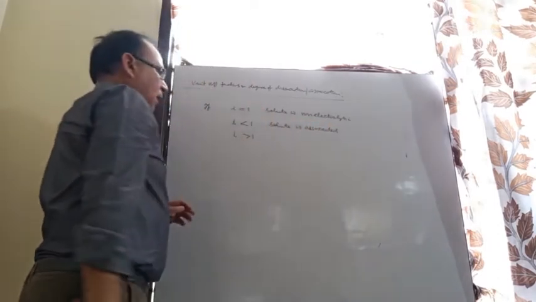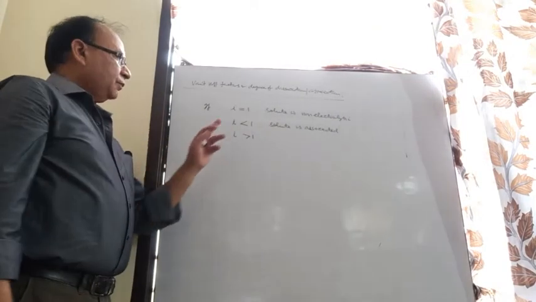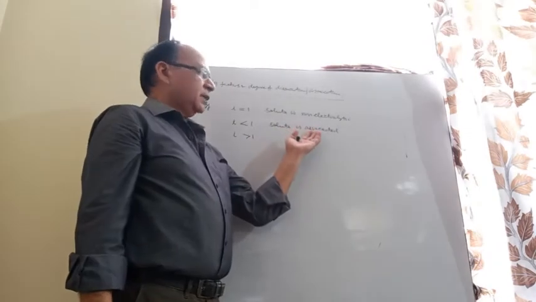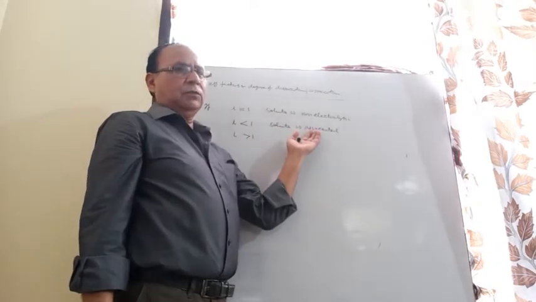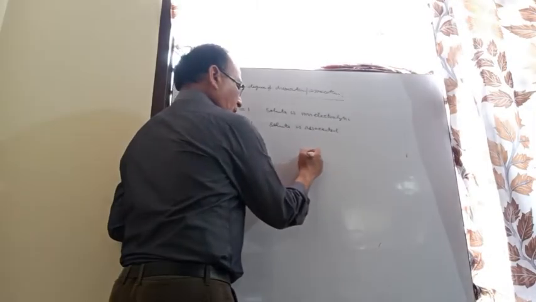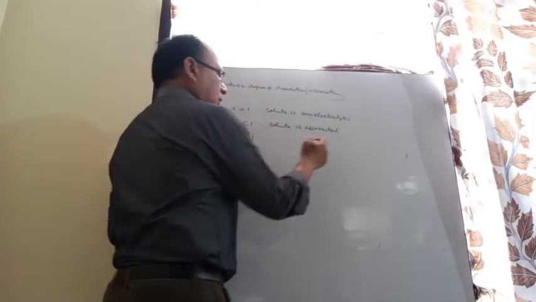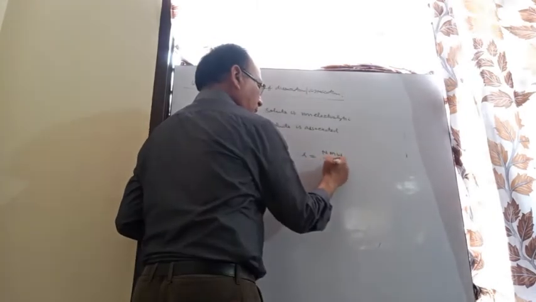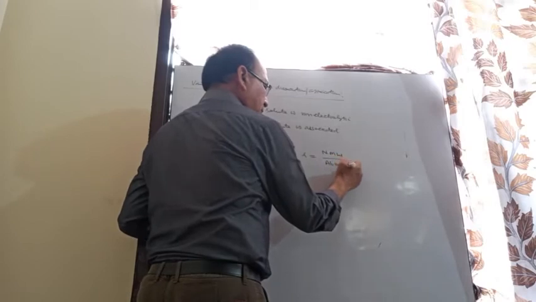How can you get an idea? If i is less than 1, how do I say it is association? There is association of the solute. As you know, i equals normal molecular mass divided by abnormal molecular mass.